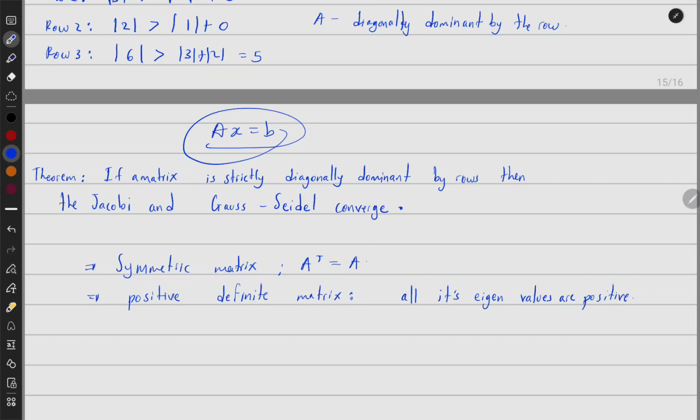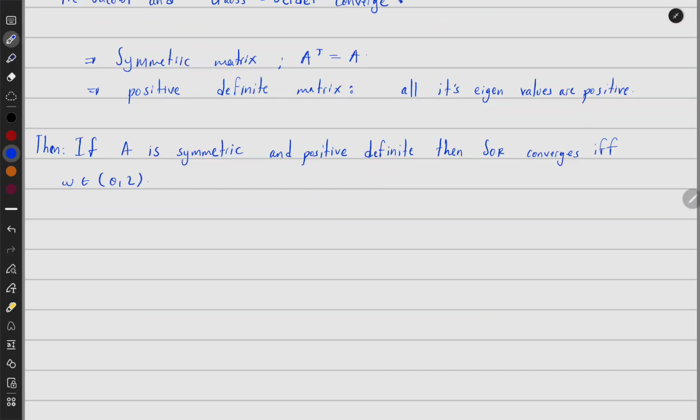So then we can also conclude on the convergence of the iterative method we are going to use. In this case, they say that given that the matrix is symmetric and positive definite, then the SOR converges if omega, the parameter, is between 0 and 2. Hence, if A is symmetric and positive definite, then you expect that if you use the SOR iterative method, it will converge, given that omega is in this range.